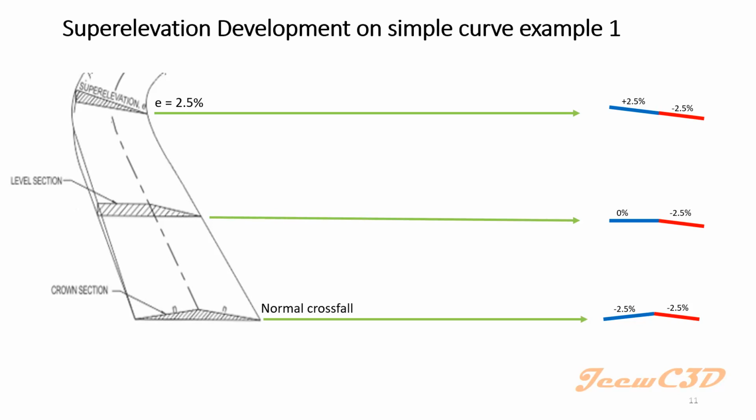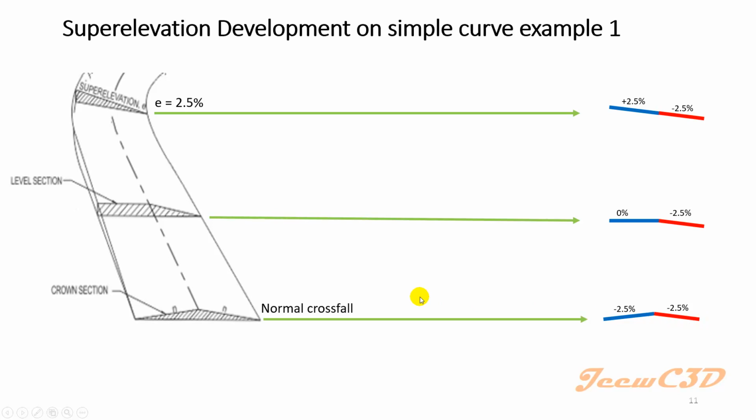So in this example we have a simple curve. Assume this is a straight and you have a curve here. In the straight section you have normal crown of -2.5 on both sides. The blue color represents the left side and the red color represents the right side.